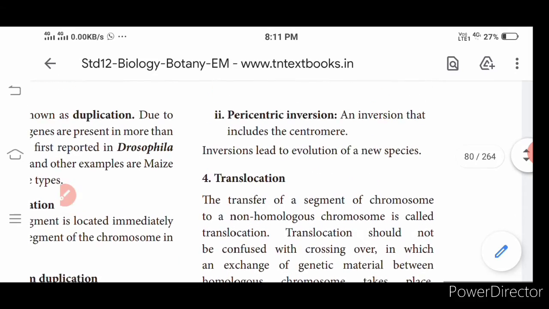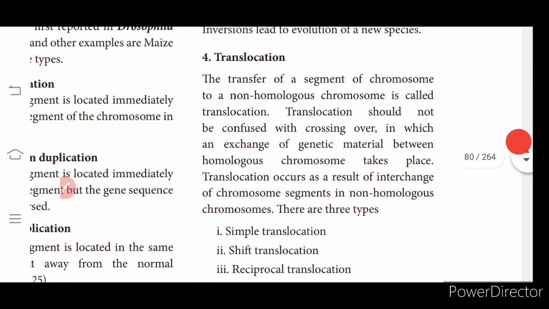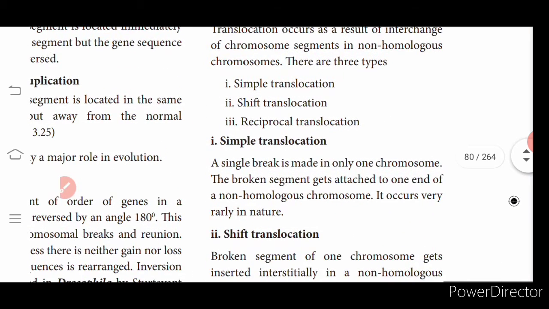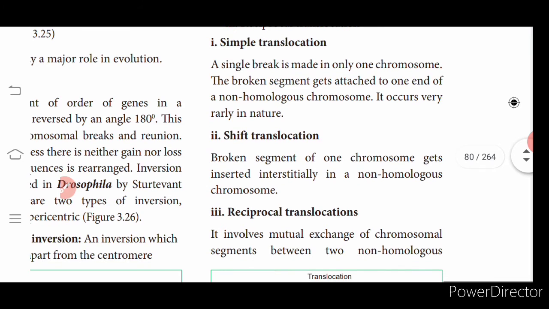Then we have the condition called translocation. Trans, movement, location: from one place to another, it is just getting transferred from one location to another location. Simple translocation: a single break is made in only one chromosome.